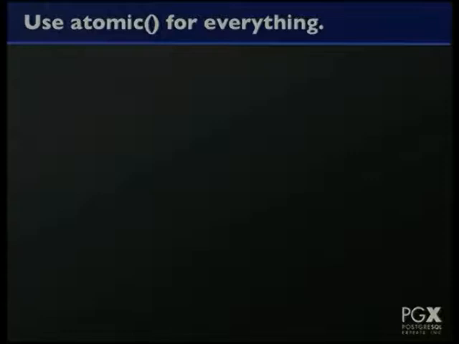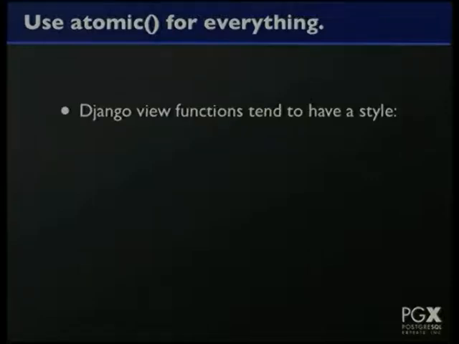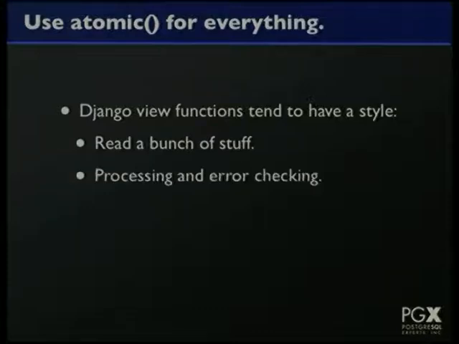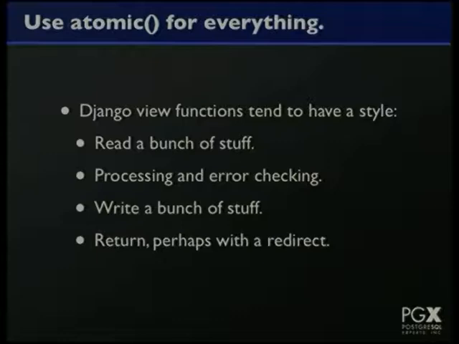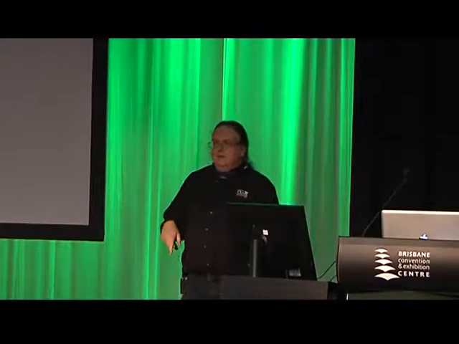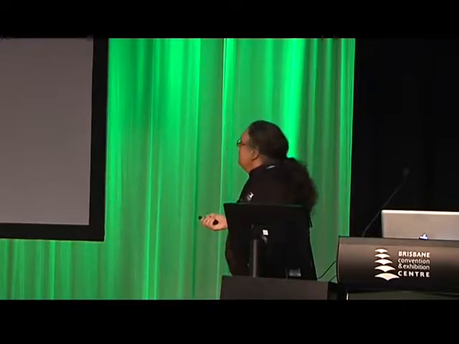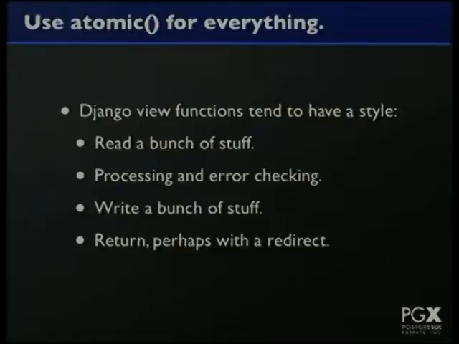So the first thing to do is just use Atomic for everything in a Django view function, because Django view functions tend to have this style. You read a bunch of stuff, you do some processing and error checking, then you write a bunch of stuff, and then you return, maybe with a redirect. Not every view function in the world has this, but this pattern happens over and over again inside of Django. Fortunately, this is one that's very friendly for this kind of transaction model.